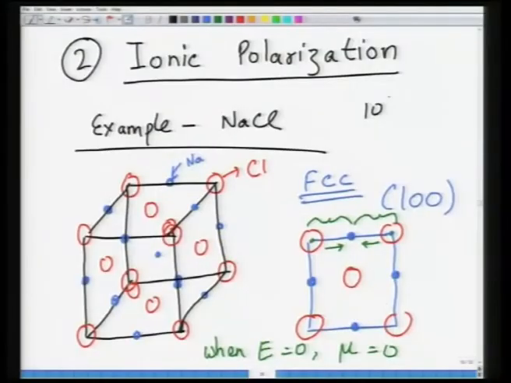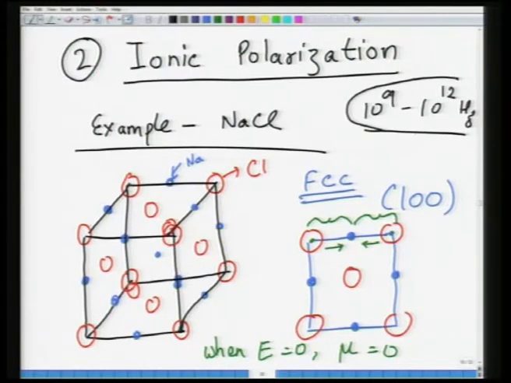As a result, this mechanism operates at frequencies anywhere between 10 to the power 9 to 10 to the power 12 hertz. So this mechanism will operate at frequencies below 10 to the power 11, 12 hertz in any case, depending on the mass of the ion, of course. So anywhere between 10 to the power 9 to 10 to the power 12, this particular mechanism is likely to operate.